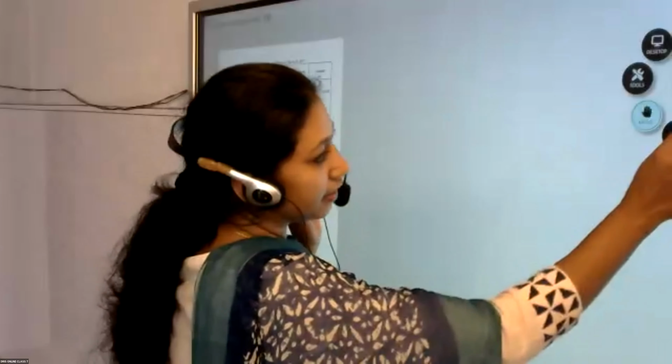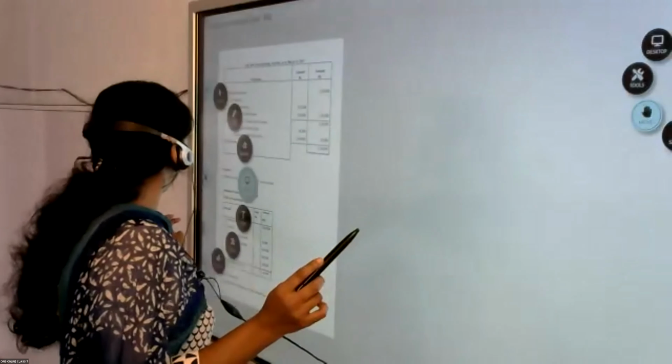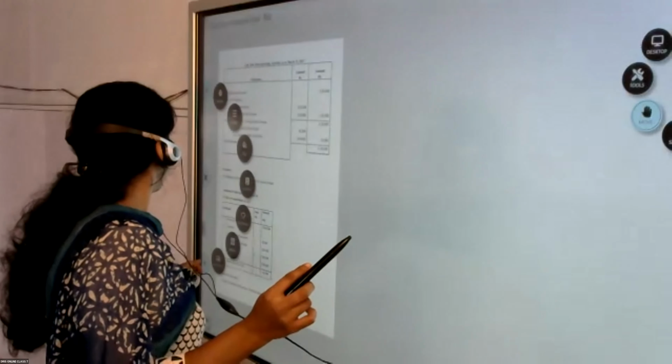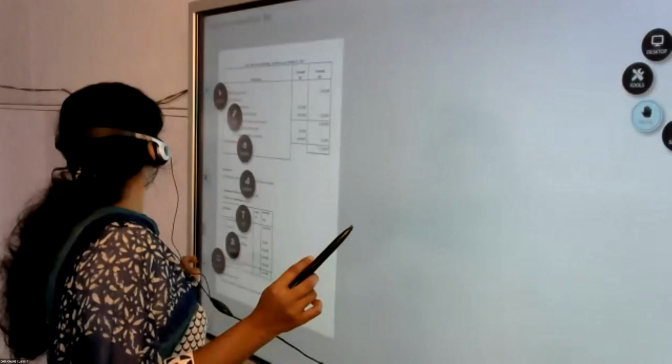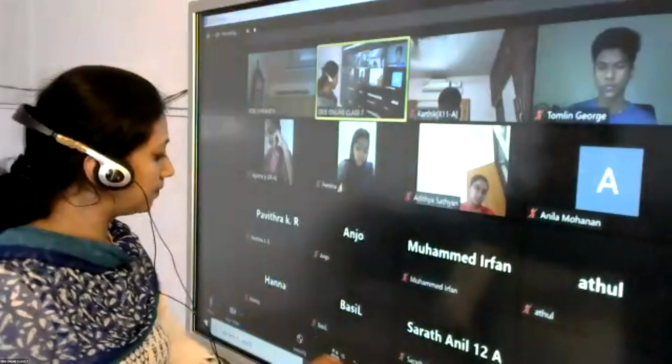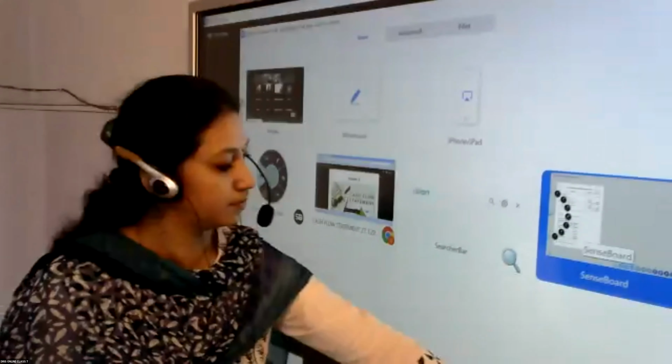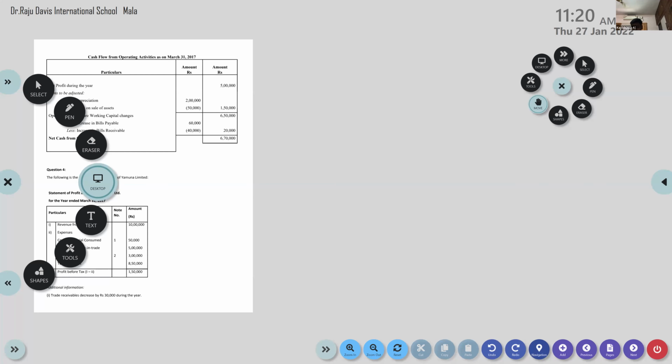Relating to SPR, that is reserves. The first adjustment was related to reserves. What did I tell you? If there is an increase or decrease in reserves in the balance sheet in SPR, we should add or less it in the financing activity.